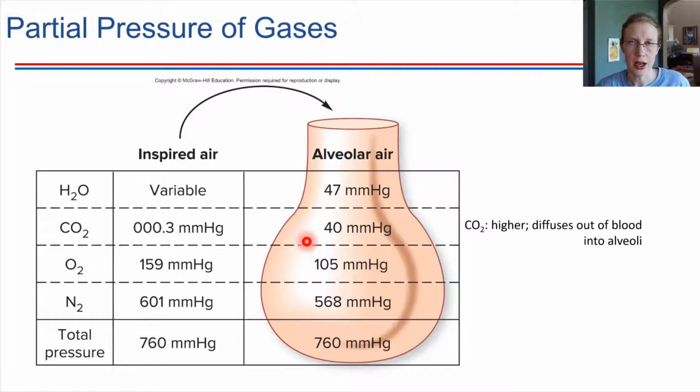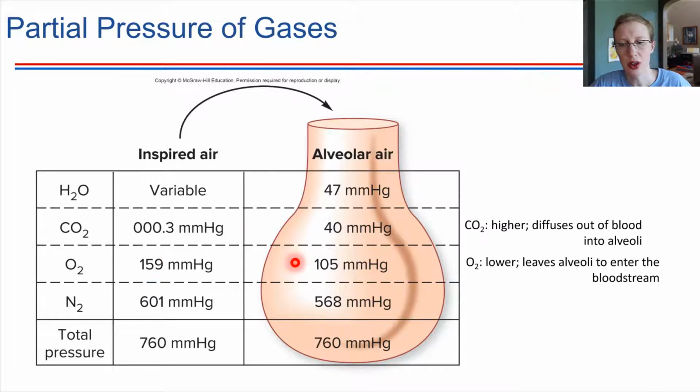Makes sense. Carbon dioxide is diffusing from our blood into the air in the alveoli. Oxygen, on the other hand, just the opposite, right? Oxygen is initially at a pretty high concentration in the air, and then once gas exchange happens, that concentration goes lower. Makes sense. Oxygen is leaving the air and traveling into the bloodstream.